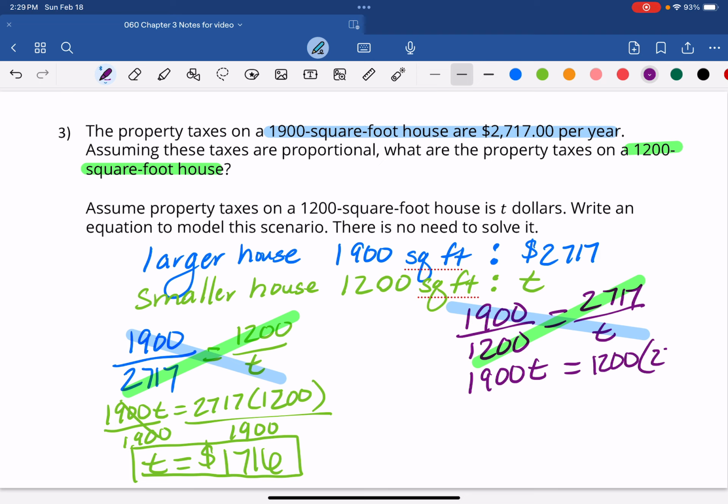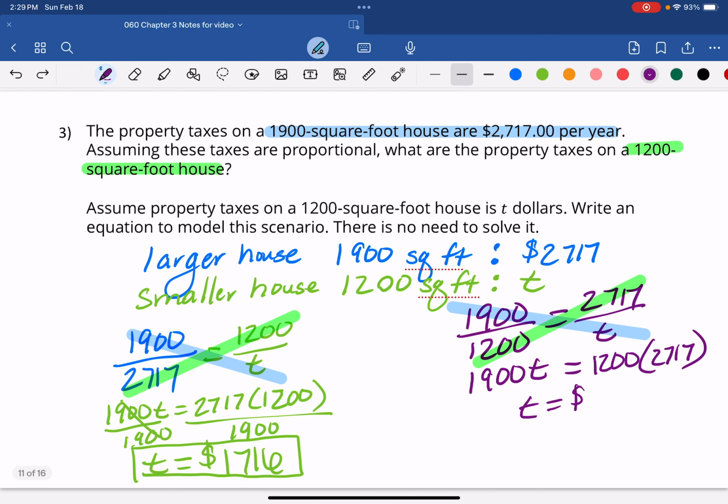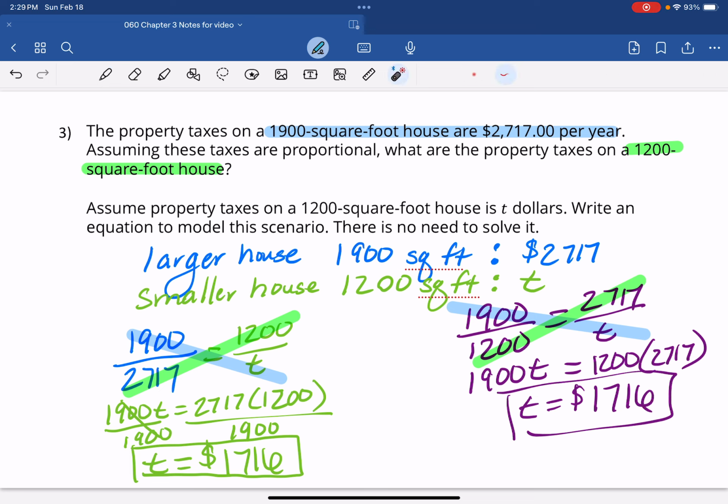But when I multiply them out, this is going to give me the same as that. And so my answer is still going to be the same answer. And so you can write a second proportion. There are two options on how you could write this proportion.